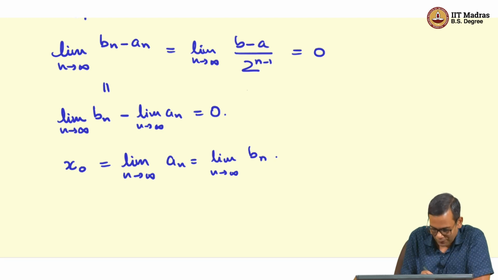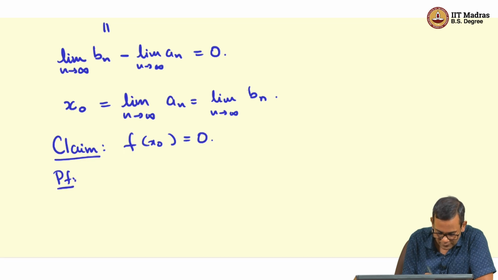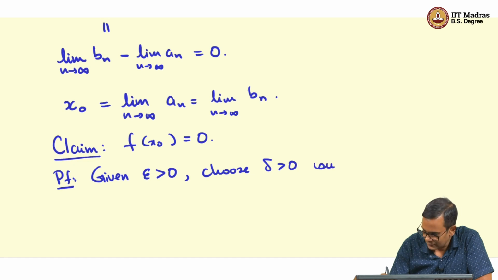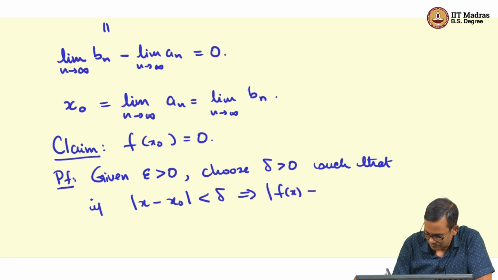And now I claim that f of x 0 is equal to 0. So, let us prove this. Given any epsilon greater than 0, choose delta greater than 0 such that if the absolute value of x minus x naught is less than delta, then the absolute value of f x minus f of x naught is less than epsilon.